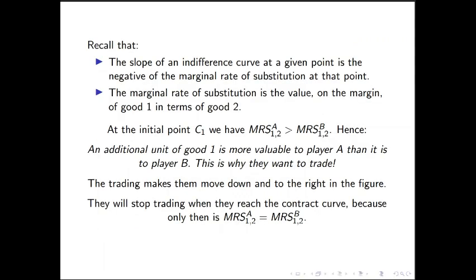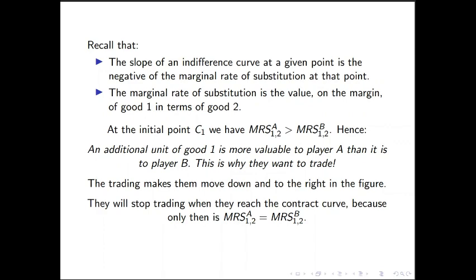Here's the basic intuition behind why they want to trade from the point C1 to somewhere on the contract curve. It's because player A has a larger marginal rate of substitution at C1. Now, the marginal rate of substitution is just the value on the margin of good 1 in terms of good 2.